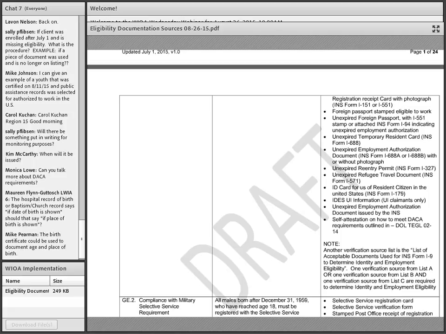So you'd best reference TEGL 02-14 if you run into a client you believe meets that criteria. They had to be under age 31 as of June 15th, 2012, have come to the United States before their 16th birthday, have continuously resided in the United States since June 15th, 2007 up to present, and have been physically present in the United States after June 15th, 2012. There's a lot of subcategories, so you'd refer to that TEGL for those DACA folks.